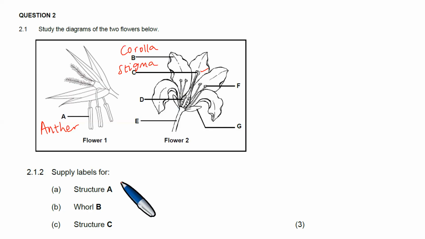So obviously we've seen that A is called the anther, and we're yet to look at labeling flowers. We've seen that B is called the corolla, and this one is called the stigma. We're yet to spend time on flowers and the spermatophytes and the angiosperms.